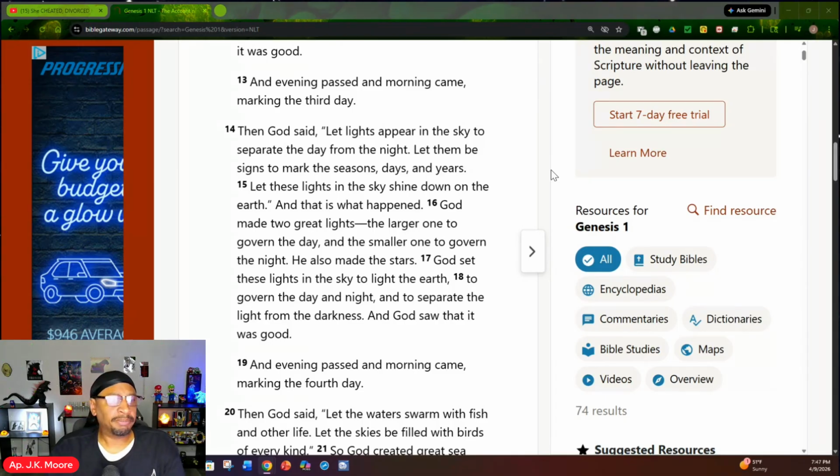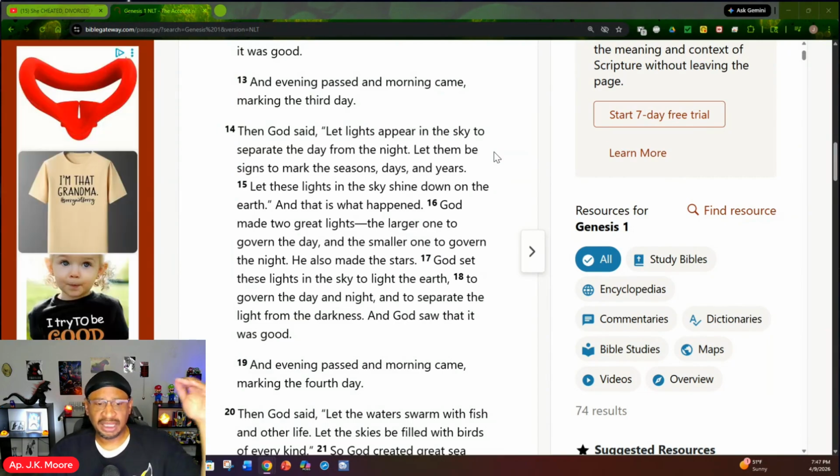So yeah, looking at this, going over this account here, it made me think about that. And they actually used this account from Genesis, where it talks about how God separated the waters and the firmament and all these other things to create some pretty pictures. I'll give them that much.